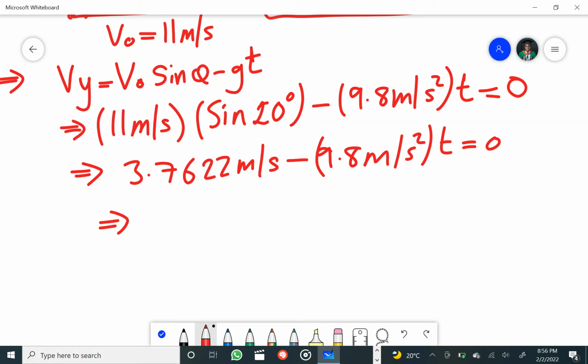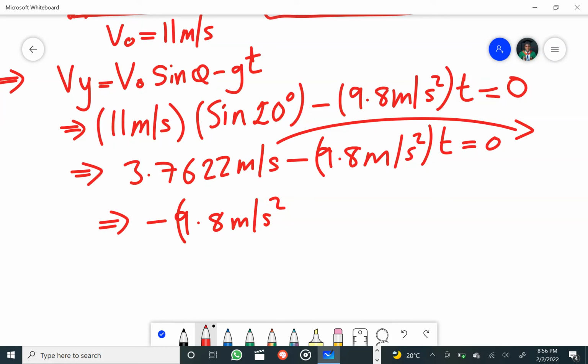Okay, so give me a moment. So this is just a simple equation, which we're just going to move to this side. So this is going to be 9.8 meters per second squared times time equals 3.7622 meters per second.